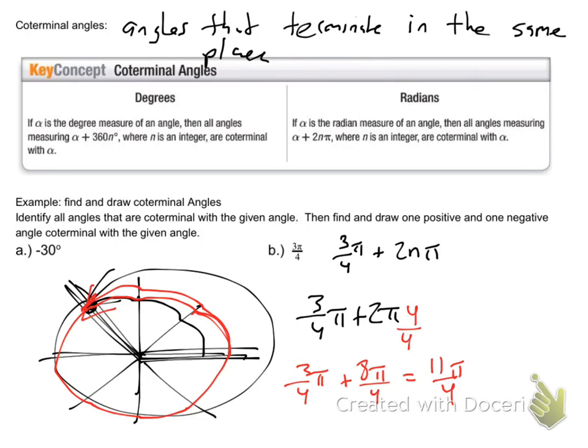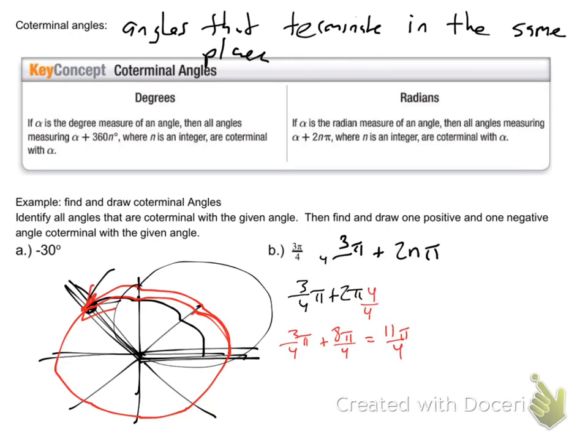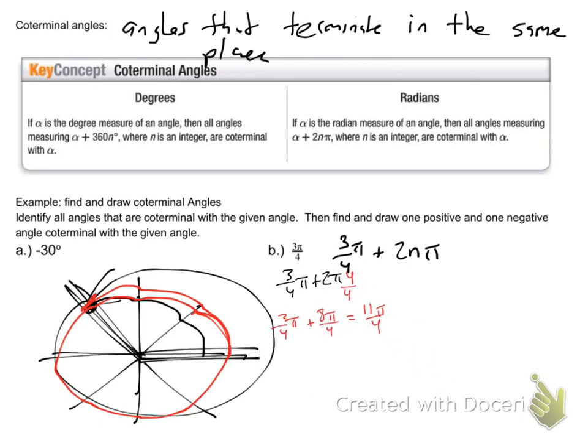Now, to get a negative coterminal angle, I'm going to subtract 2 pi. So now I take 3/4 pi minus. Guys, we already did the groundwork.